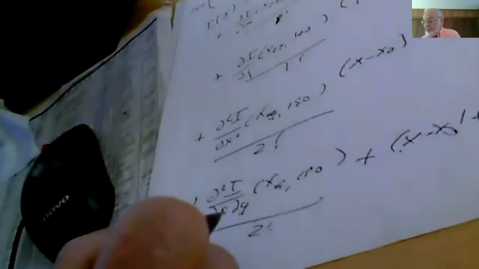Then there's going to be 2 more terms, d2I by dy by dx over 2 factorial times y minus y0 times x minus x0.